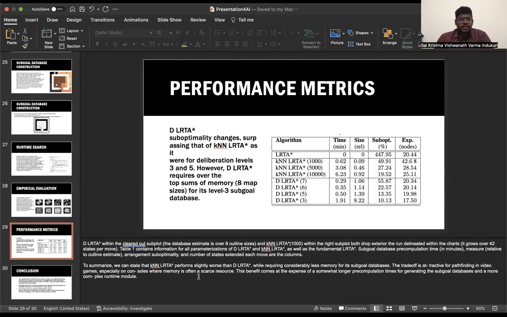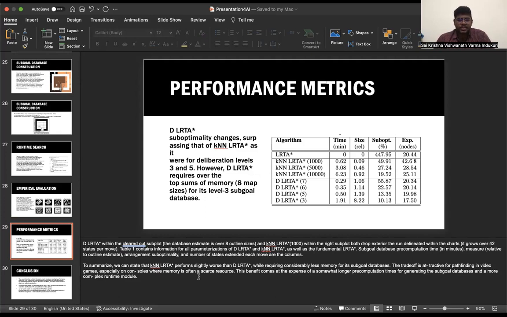Performance metrics. The DLRTA star in the left subplot and, in the right subplot, both drop exterior, the range is delineated with the charts. It expands over 42 states per move.